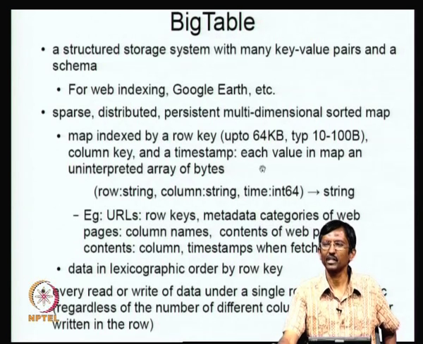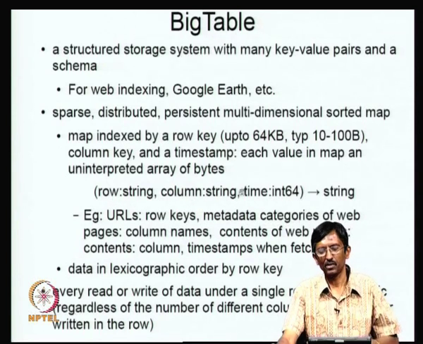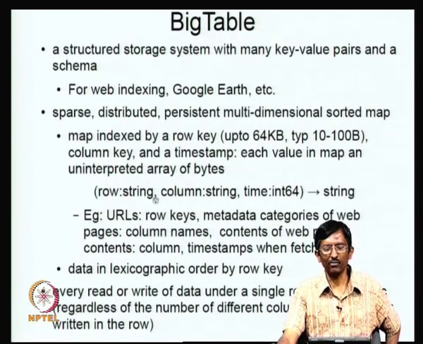Same thing here, anything you can put in. There's no structure there. The only structure we have is that it is a sorted map and it is a sparse, distributed, multidimensional, persistent structure. So what BigTable is, essentially, you can summarize as follows.